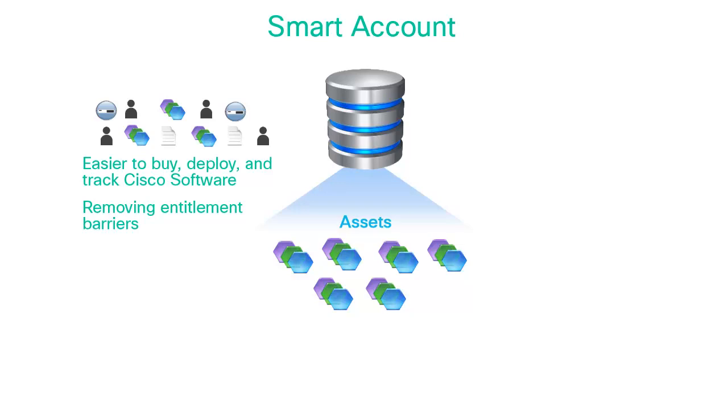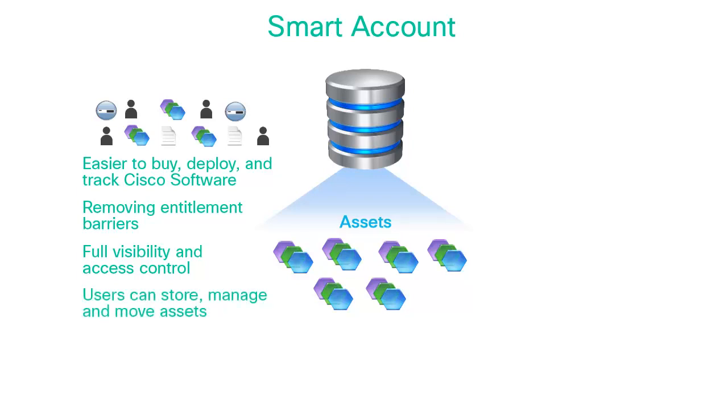A Smart Account is a centralized account managed by a partner or customer that provides full visibility and access control to all Cisco software licenses across the customer's company. You can think of it as a bank account where users can store, manage, and move assets from one virtual account to another. Smart Accounts are becoming the heart of Cisco transactions.